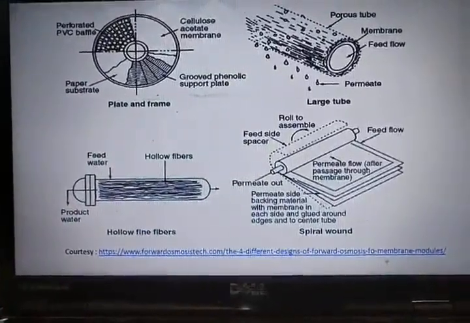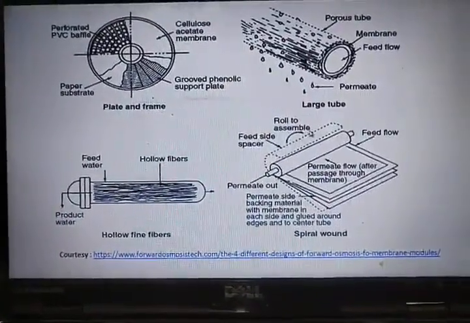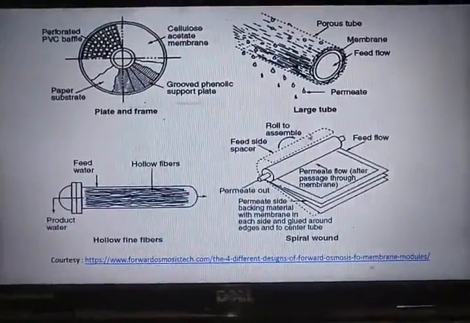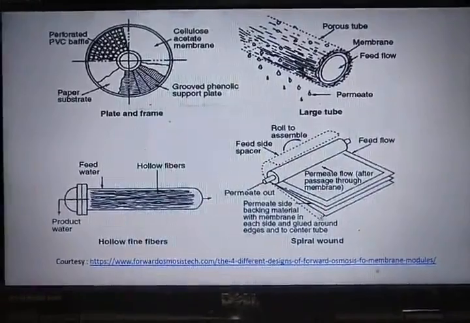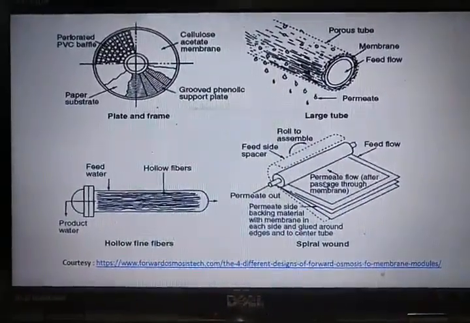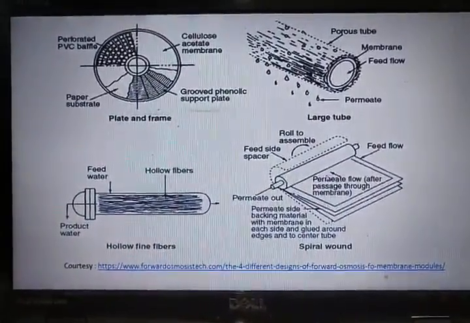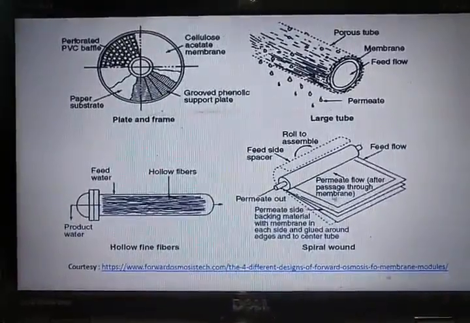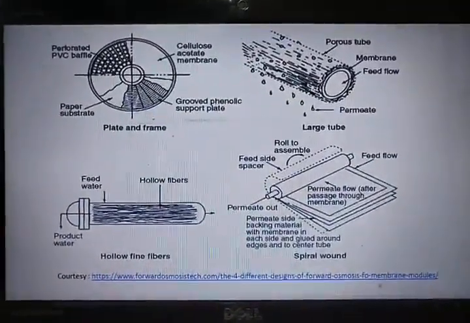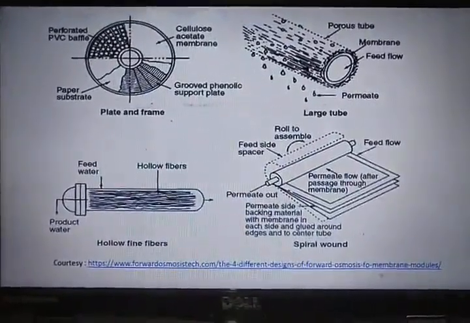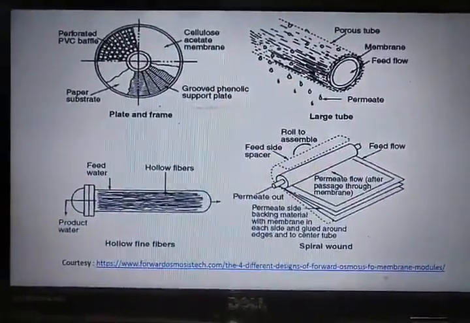There is a term called packing density. Out of all these, the spiral wound will have the more packing density. That is why these kinds of membranes are usually used in the desalination of water, because of its high packing density.